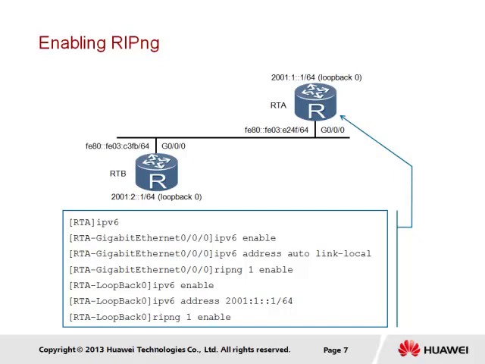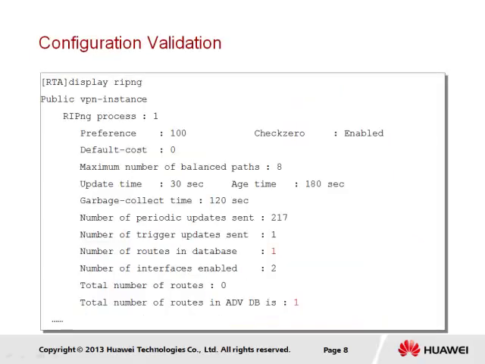This IPv6 global unicast address will be as such advertised to peering routers via the link local address associated with interface GigabitEthernet 0/0/0.